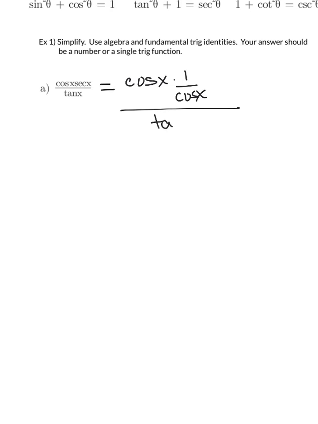And we still have that over tangent. But when I take cosine times 1 over cosine, that equals 1. So we are left with 1 over the tangent of x, and that is cotangent of x.